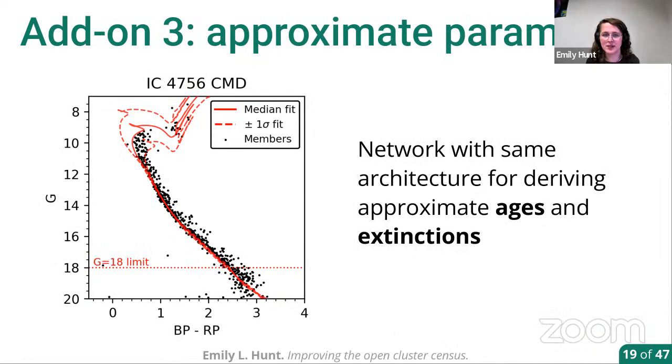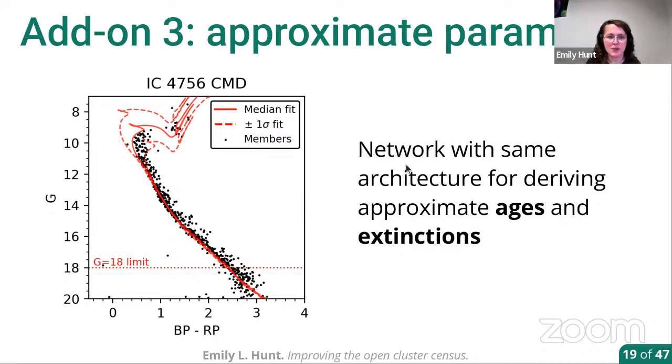The final thing that I did with this was to use the existing architecture and training data that I had to also infer some approximate parameters for our clusters. So, taking a neural network with the same architecture, but instead of telling it to predict how likely a cluster is to be a single population of stars, it's predicting the ages and extinctions of clusters in the catalog based on what it was trained on.